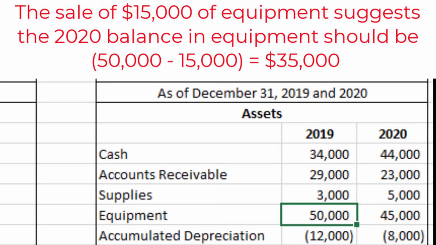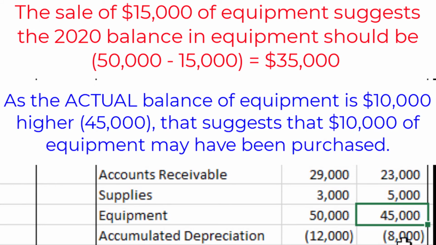So if that was the case, then the $50,000 balance in equipment should decrease by $15,000. So $50,000 minus $15,000, that tells us that we should have a balance of $35,000 in the equipment account. But that's not what we see. We see a balance of $45,000. So that suggests that $10,000 worth of equipment was purchased.